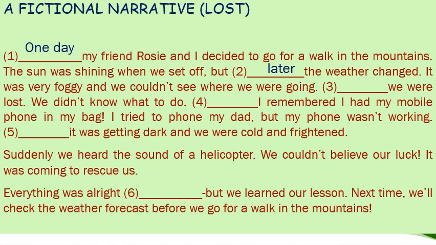It was very foggy, and we couldn't see where we were going. Soon, we were lost. We didn't know what to do. Then, I remembered I had my mobile phone in my bag. I tried to phone my dad, but my phone wasn't working. By then, it was getting dark, and we were cold and frightened.